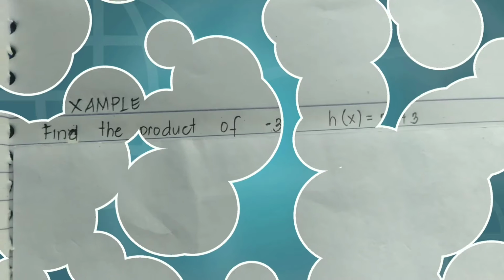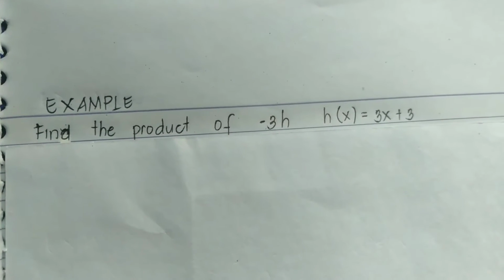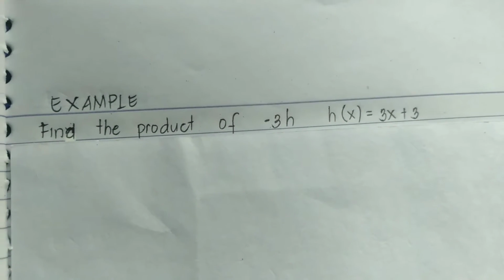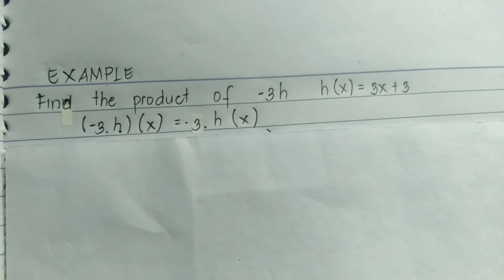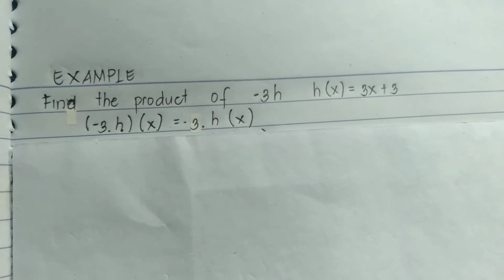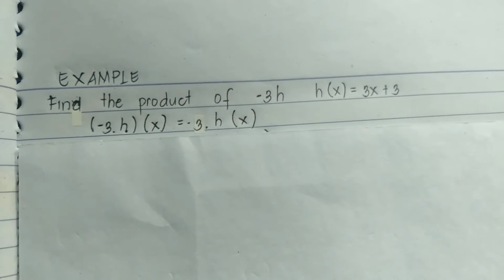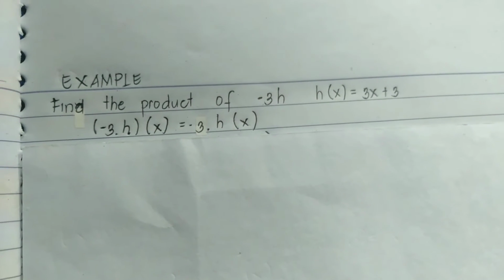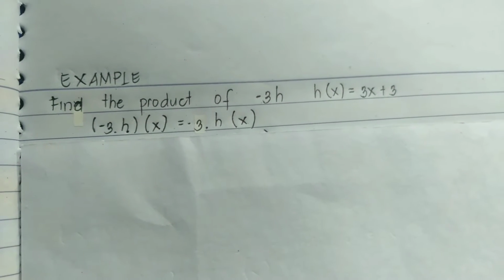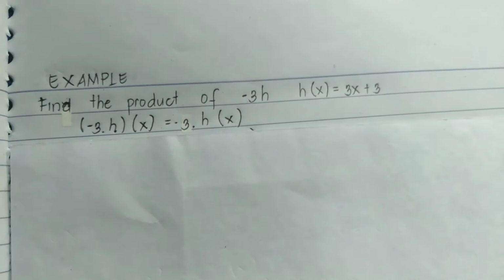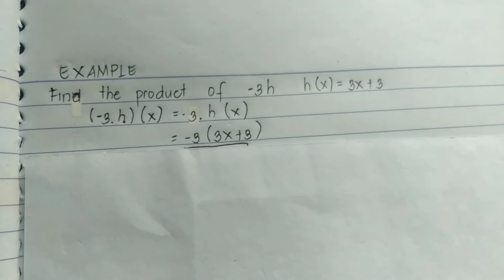For example, find the product of negative 3 and h, where h of x is equal to 3x plus 3. Negative 3 times h of x is equal to negative 3 times h of x. Then substitute the value of h of x.